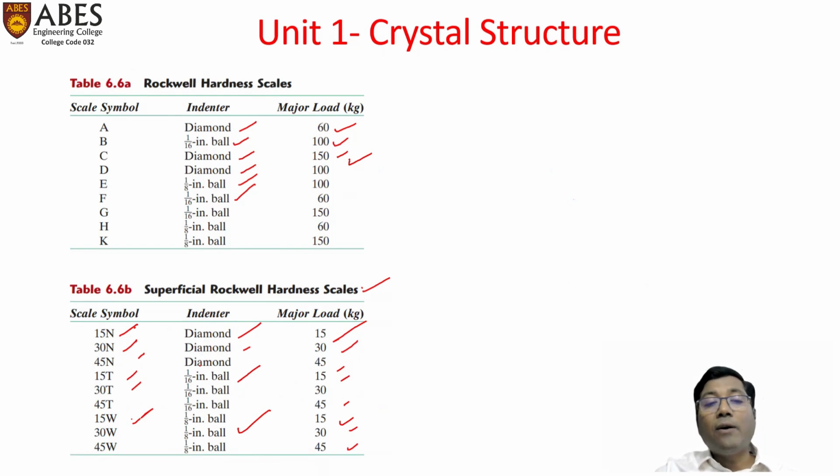So if the indenter is a 1/16 inch ball and the major load applied is 15 kg, then that scale would be called 15T. Similarly, if a 1/8 inch ball is used as the indenter and a 100 kg major load is applied after the 10 kg minor load, it will be considered Rockwell scale E. The measurement is on Rockwell scale E.